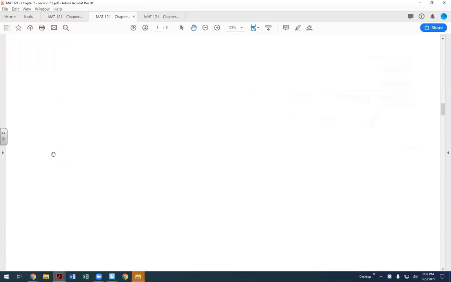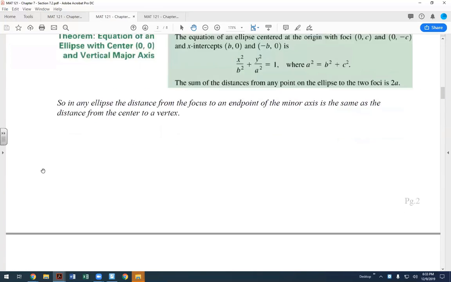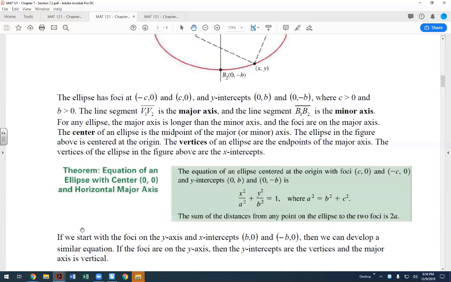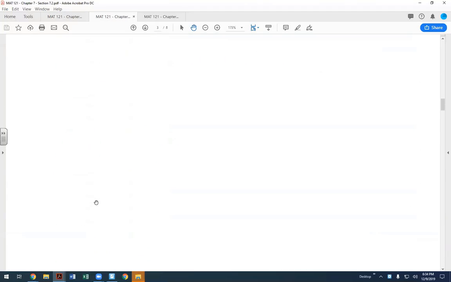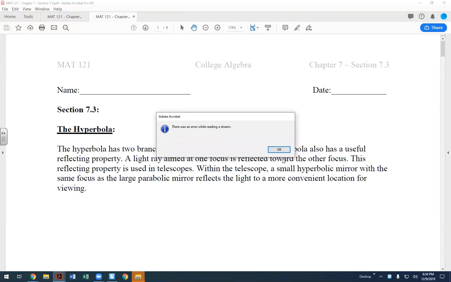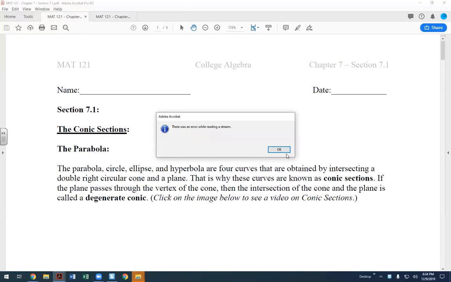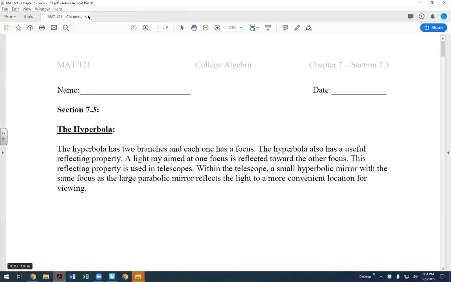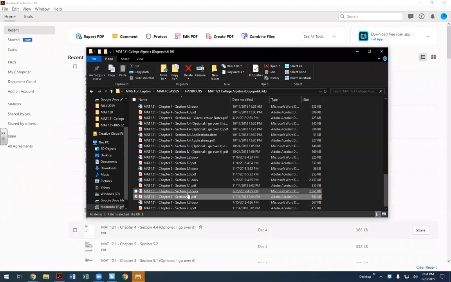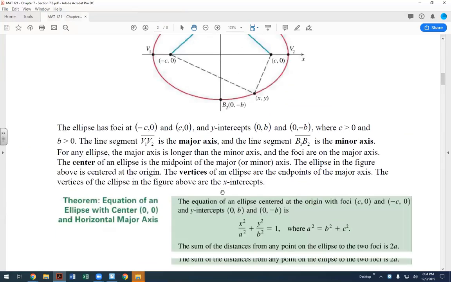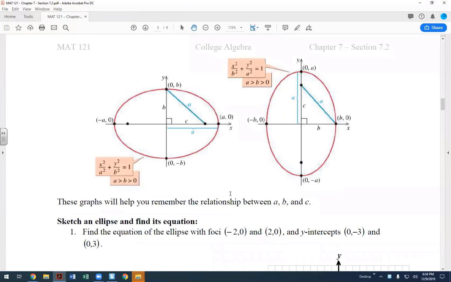But then you can also have ellipses with a vertical major axis.